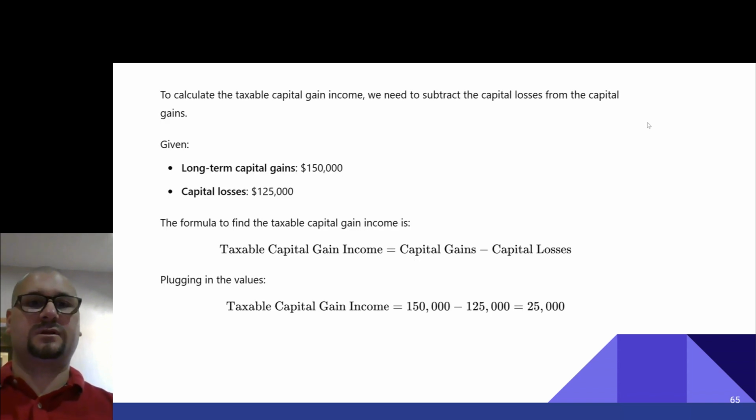The long-term capital gains, 150,000. Your capital losses, 125,000. So the formula to find the taxable capital gain income is capital gains minus capital losses.